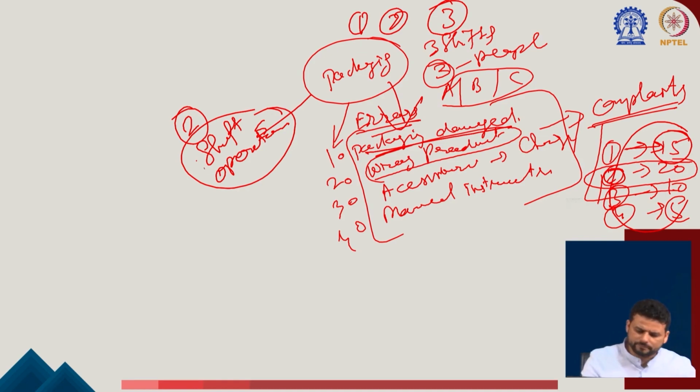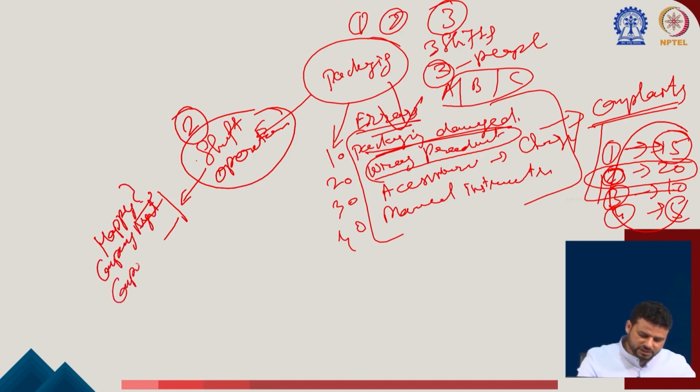Now what is the problem with the person? So maybe there can be so many problems, whether he is not happy with the job, he is not happy with the company management, he is not happy with the compensation in terms of the salary he is getting, in terms of the medical benefits, in terms of the other hospitality he is getting.